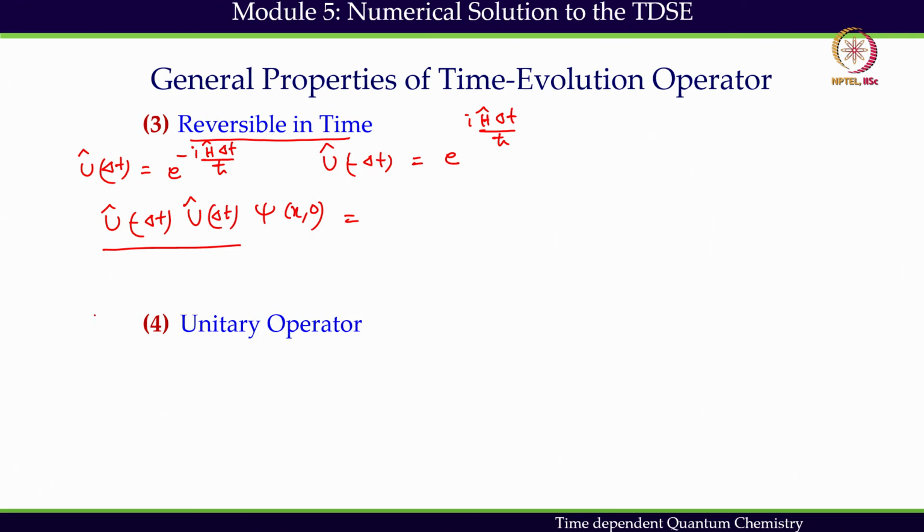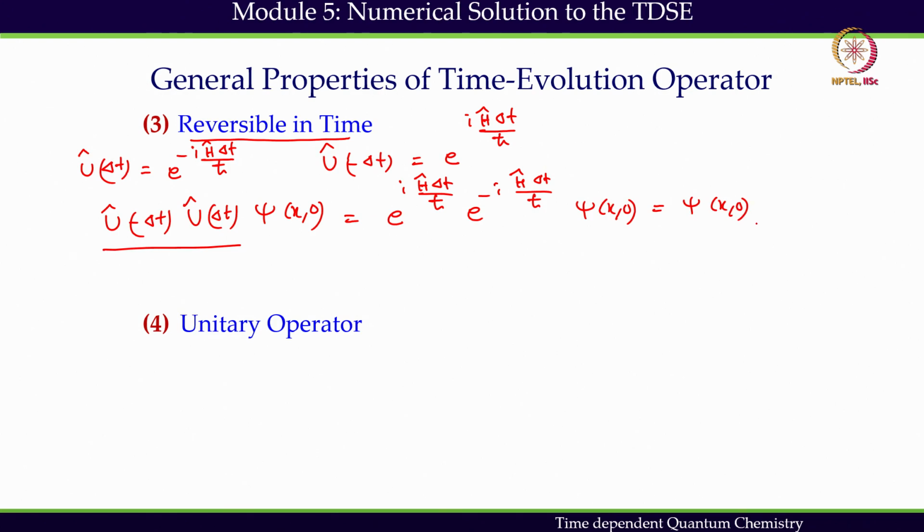I am just taking the product of these two time evolution operators. If I do that, I will get e to the power i H delta t by h cut multiplied by e to the power minus i H delta t by h cut acting on psi(x, 0), that is nothing but psi(x, 0).